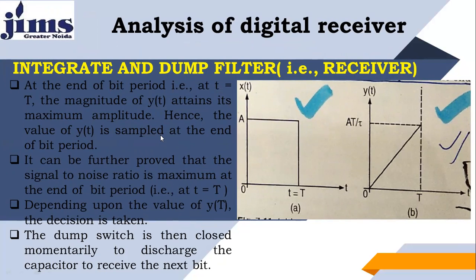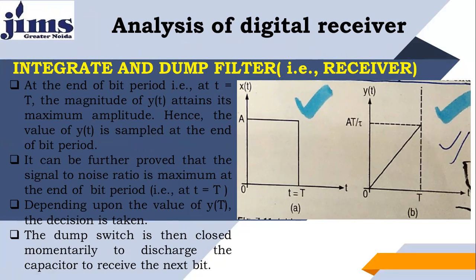Now at the end of the bit period, that is t equals capital T, the magnitude of y(t) attains its maximum amplitude, right? Because when the capacitor charges, it starts with a minimum voltage and reaches up to the maximum.